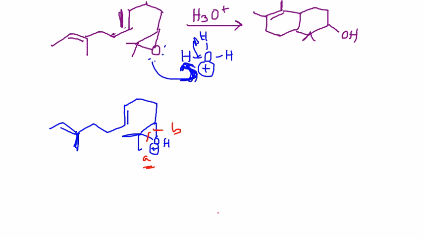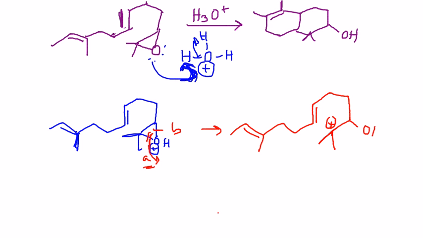So A is going to be more feasible than B, which is why you're going to show the bond cleavage of bond A, and it's going to generate a double bond like that, positive charge here, and an OH.